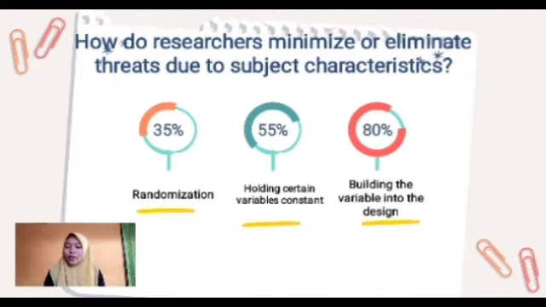The variable of gender, in other words, is held constant. However, there is a cost involved. And then there is building the variable into the design. This involves building the variable into the study to assess its effect, and it is the exact opposite of the previous idea.